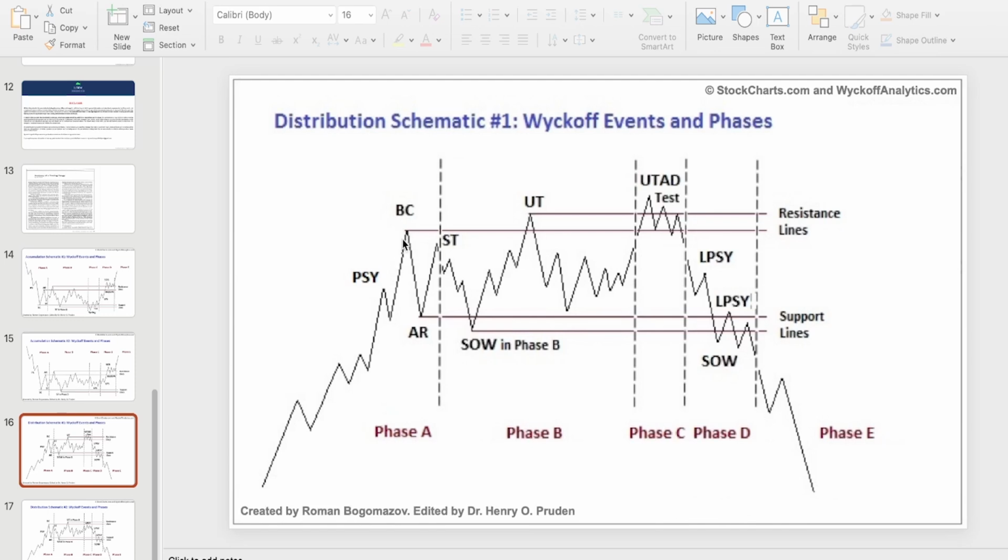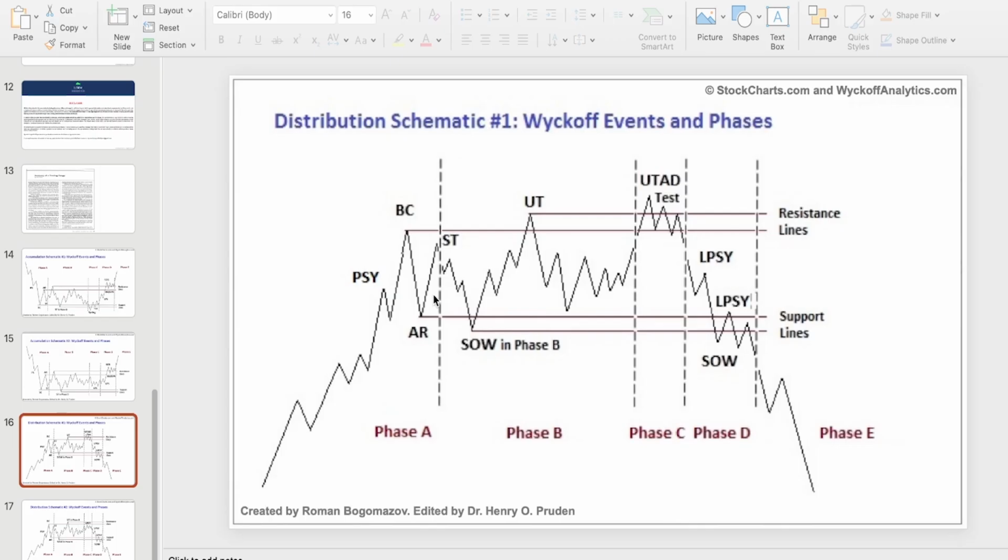The supply coming in at the resistance created by the buying climax is going to cause a reaction to the downside, and then that reaction is going to get absorbed at the previous area of buying, which is going to cause a rally to the upside and give us a secondary test. But the quality of that rally is going to show some weakness. In the case of distribution, this is not always the case, this is just textbook stuff.